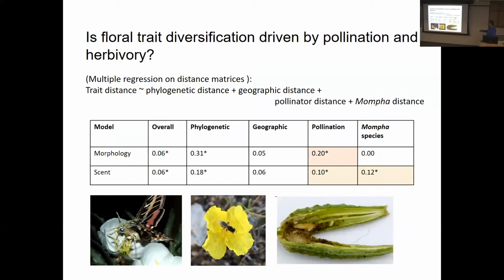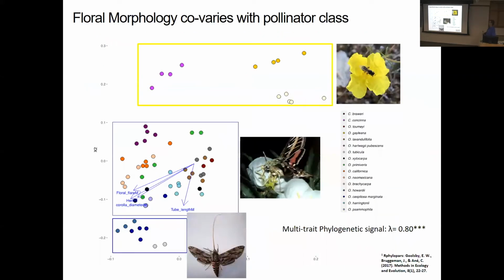The coefficients we got for pollinators were for both morphology and scent. For Mampha, interestingly enough, even though we know that flower trumpet flare matters to Mampha, at this phylogenetic scale they were explaining more variation in scent and not so much in morphology.